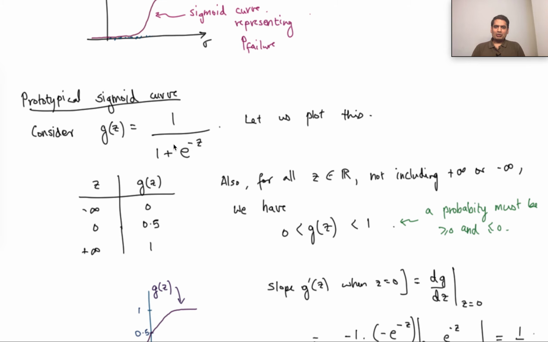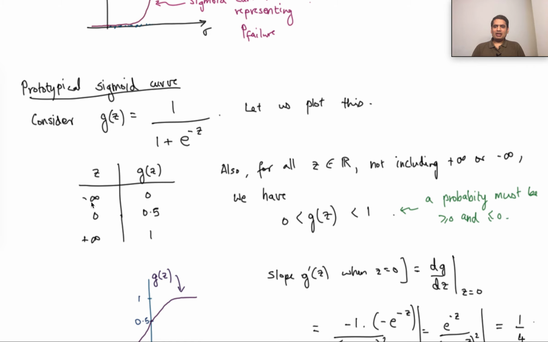Okay, whenever you're given a functional form like this, you want to plug in some limits and see what values this function takes at various limits. Let's plug in minus infinity for z. You get e power minus of minus infinity, which is e power plus infinity, which is infinity, so you have 1 over 1 plus infinity, which is 1 over infinity, which is 0.